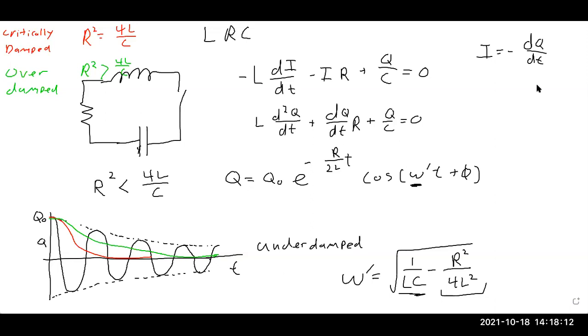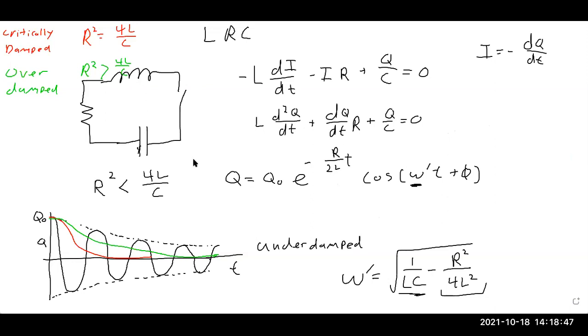Questions on what happens when the resistor gets thrown in? It's definitely the most complicated case of them all, which is unsurprising because it's the most complicated setup. We got all three of them. Right.